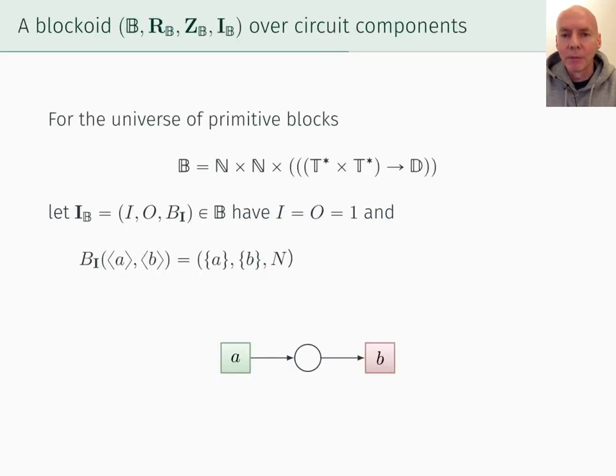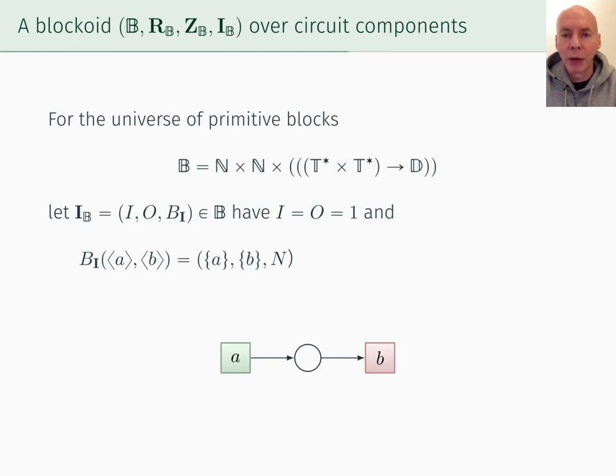network. A good way of doing that will be to define a blockoid over the universe B of primitive blocks. That way we can express any network we want as an expression in terms of block operators, and when we evaluate that expression, it will reduce down to a single block whose semantics is well understood.